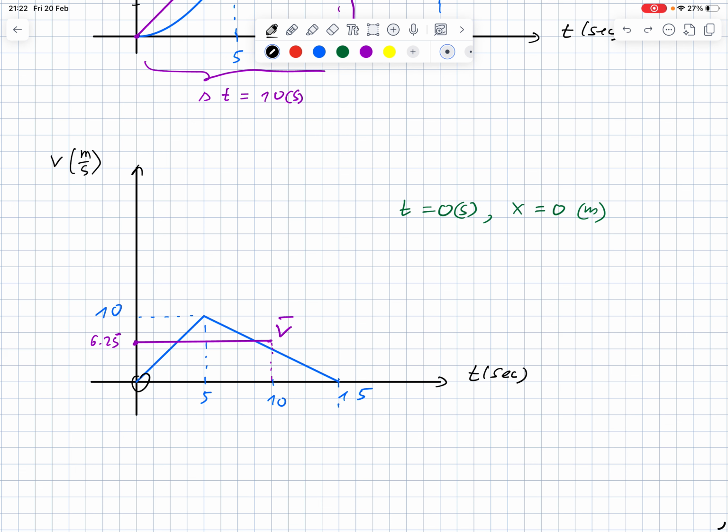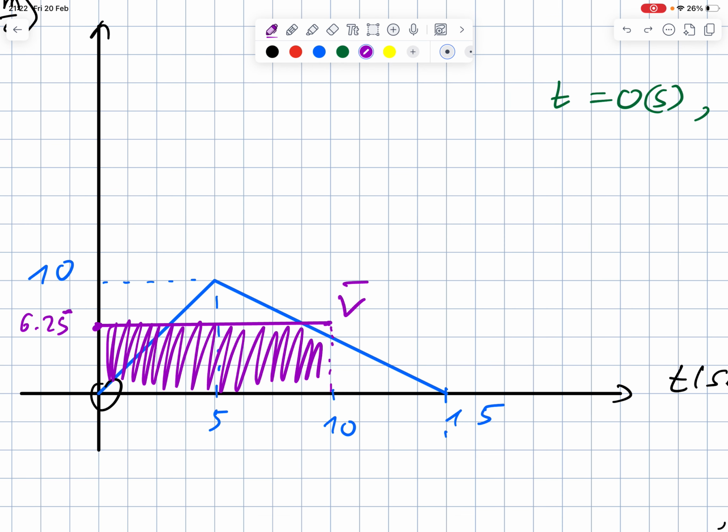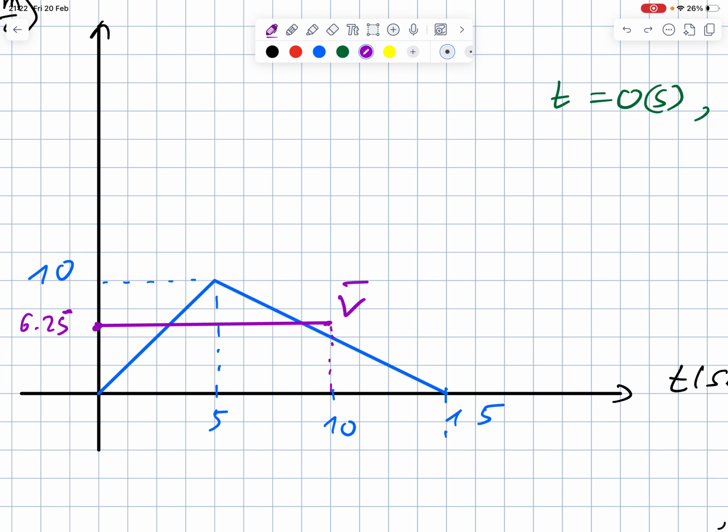This is the average velocity, equal to 6.25 meters per second, and you can also check: if you want to find this area, all this area, it will also be 62.5, base times height. And this is the same area that we calculated before, this area plus this area.